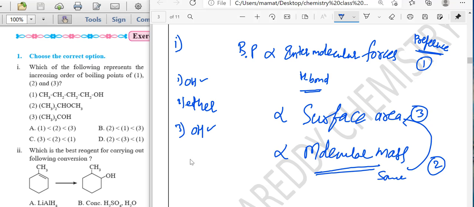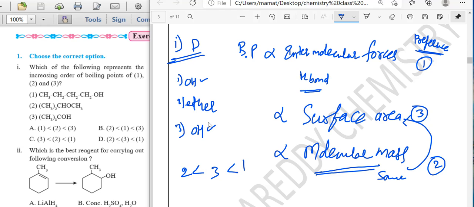Ether will be the least. In 1 and 3, surface area of 1 is more, so 1 is more than third. So your answer will be 2, 3, 1. That means D. Right? Are you getting? This is the D answer.